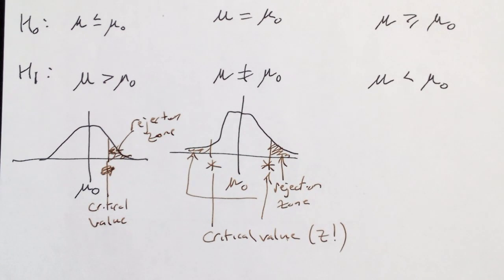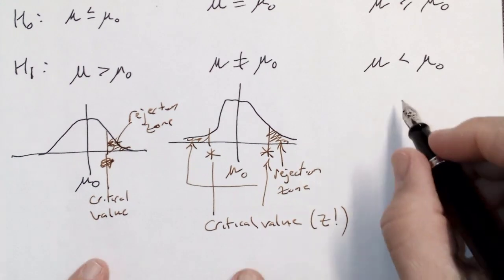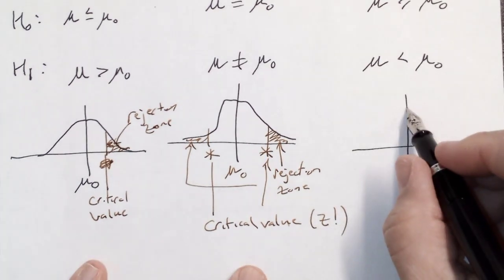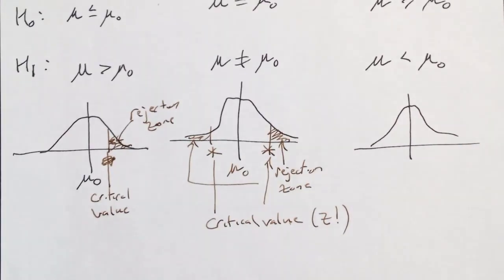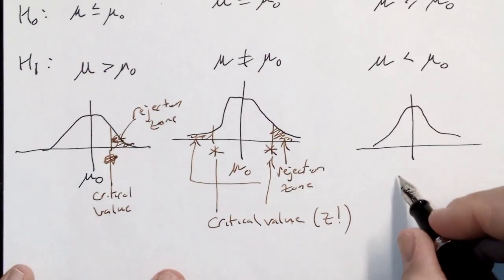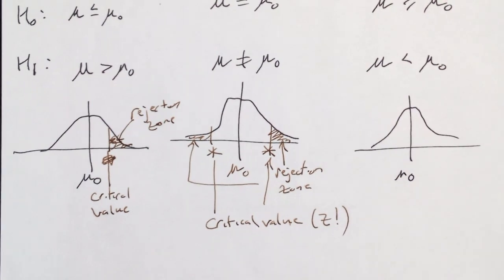There's only one other picture left. This picture over here. Same question. My alternate is mu is less than some number, means I should reject if we're too far off to this side.